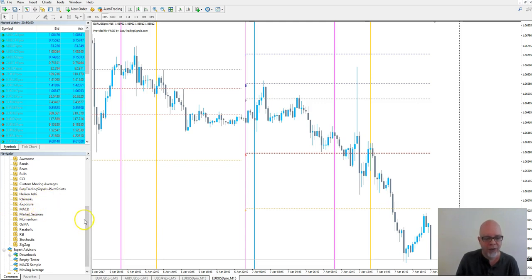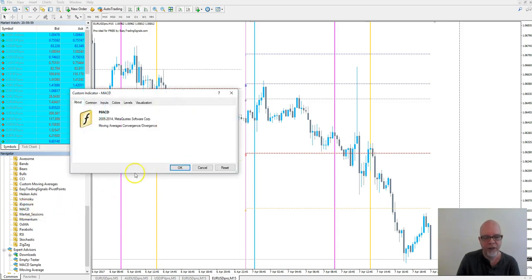You scroll down here where it says indicators, and yours might look slightly different, and locate the one you like, let's say MACD, and you double click it, or you can drag it. I like double clicking it. This is normally what you'll see with, for instance, MACD.